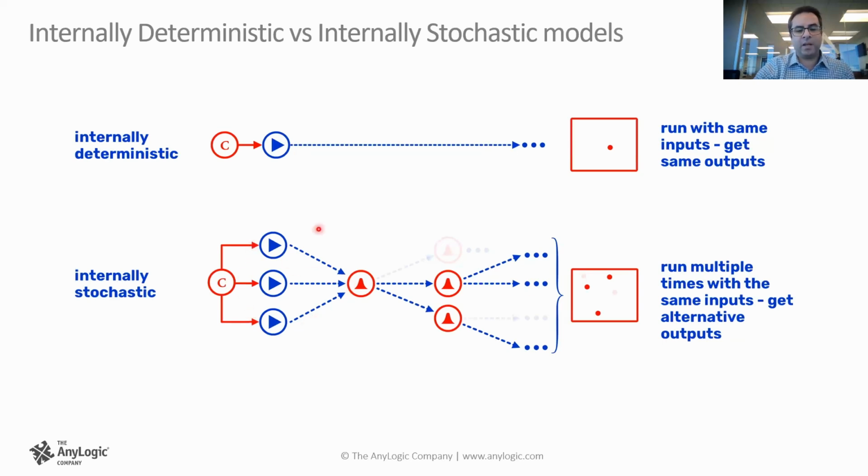So here, I'm depicting an internally stochastic system. As you can see, if we run the same model 3 times, these are 3 runs, with the same exact constant input. So we haven't changed the input. We start from the exact same initial state.